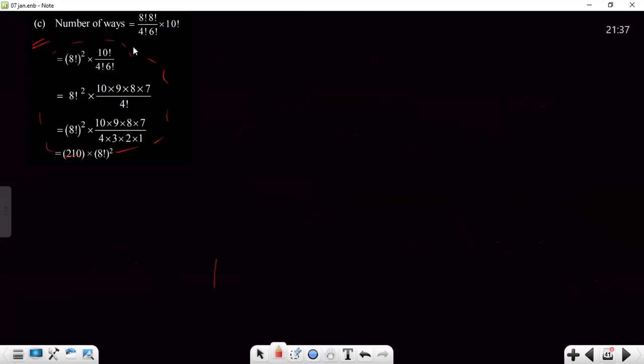Here they have not considered 2. Whether the table is sitting on this side or that side doesn't matter to them, I guess. That's why they have not taken 2 in the multiplication. Otherwise, all our calculation is exactly the same, but they have not taken into consideration whether we go for the left side first or the right side first.